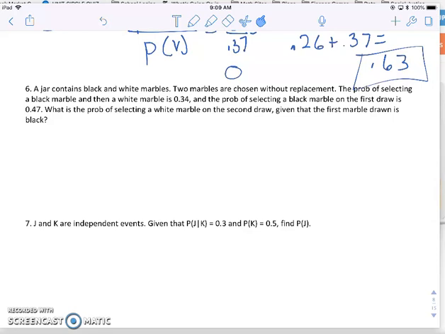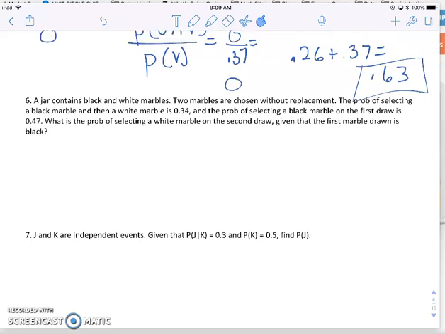The next one here, a jar contains black and white marbles. 2 marbles are chosen without replacement. The probability of selecting a black marble, then a white marble is 0.34, and the probability of selecting a black marble on the first draw is 0.47. What is the probability of selecting a white marble on the second draw, given that the first marble drawn is black? So this is the probability that you select a white, given that the first one is black.